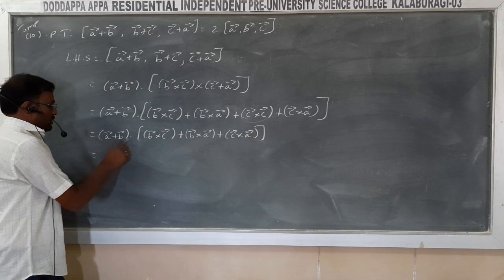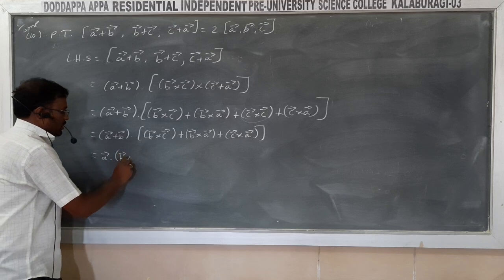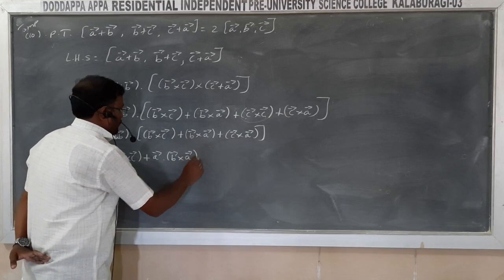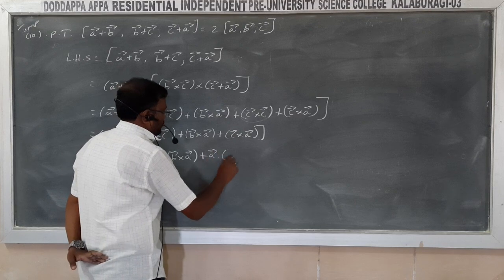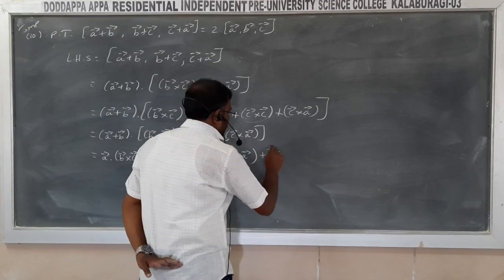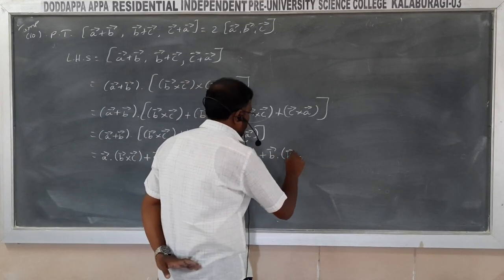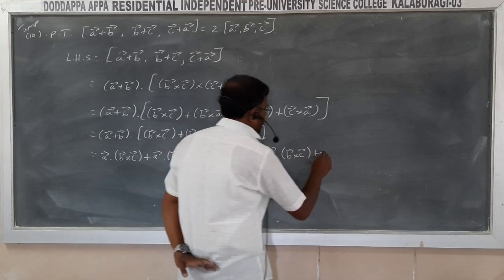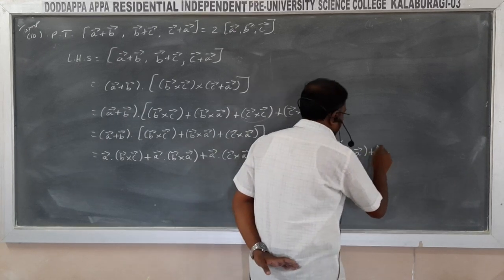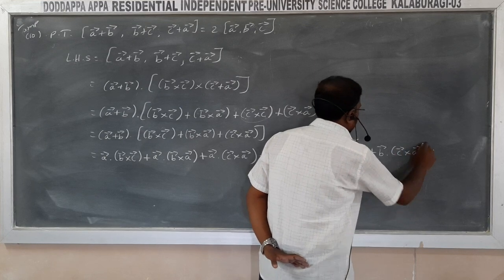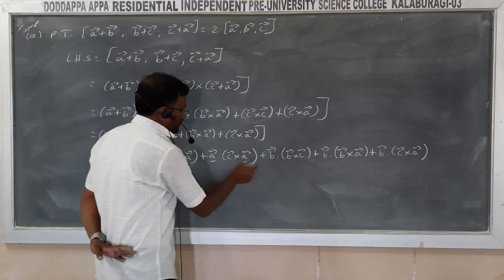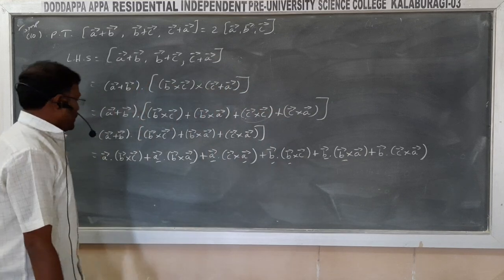Now you can simplify: A dot B cross C plus A dot B cross A plus A dot C cross A. Next plus B dot B cross C plus B dot B cross A plus B dot C cross A. Now when you get the same vector twice, say A, A or B, B, it will be 0.